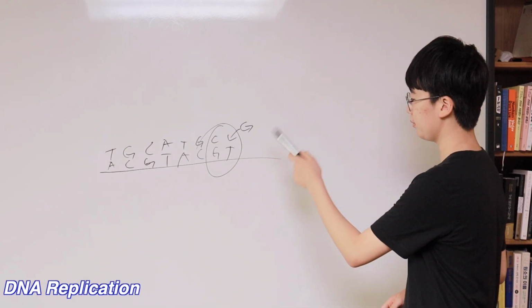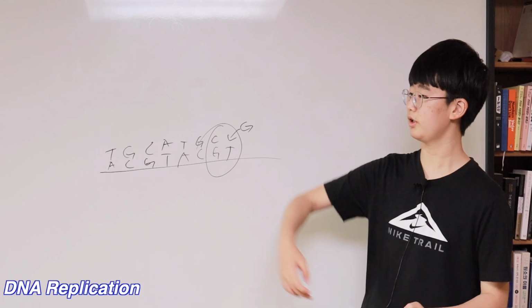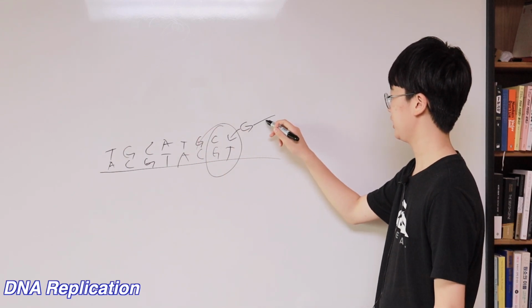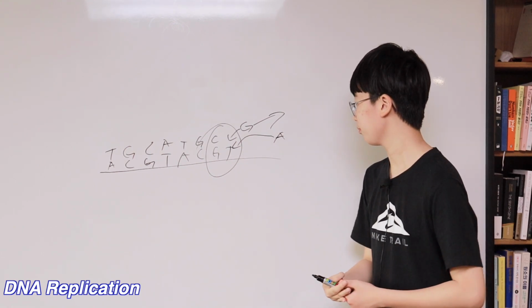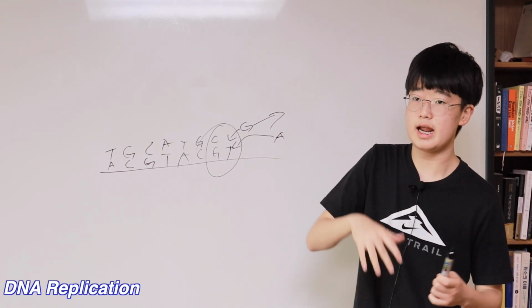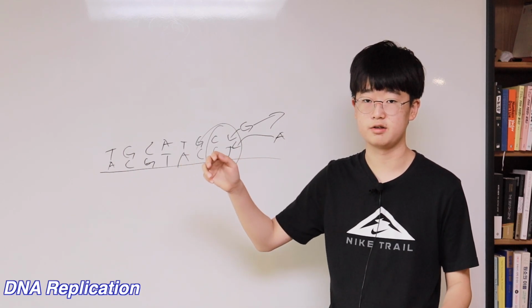So the polymerase is like, oh hell no, you go away. So the G goes away and the correct A comes here.